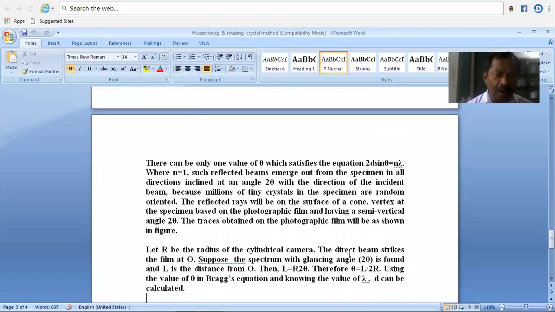Now let R be the radius of the cylindrical camera. That cylindrical camera, I told you, is a metallic cylindrical camera. Its radius, let it be R. The direct beam strikes the film at O. I will show you once again.